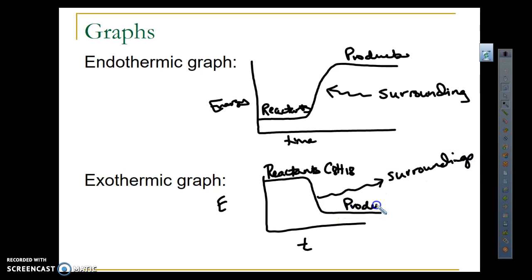The products of combustion, when gasoline combusts with oxygen, being CO2 and water, don't have hardly any energy at all. Now they have their own uses and their own problems, which we'll talk about in the climate change video, but the products don't have nearly as much energy as the reactants did.